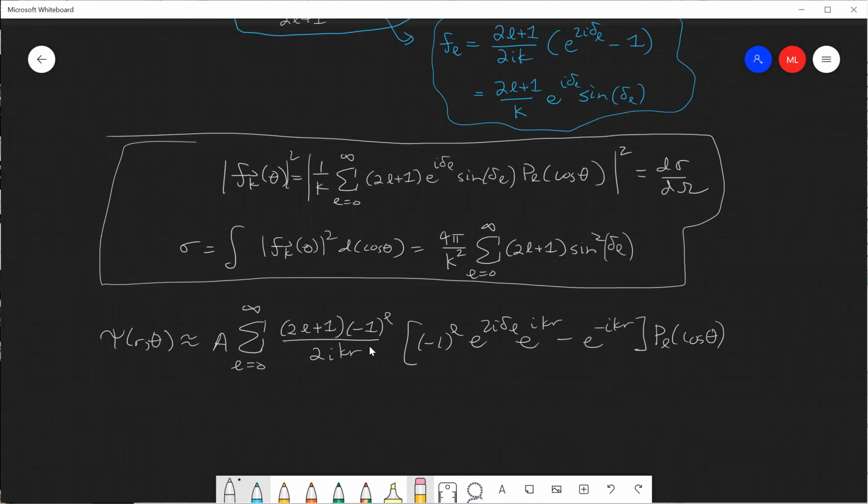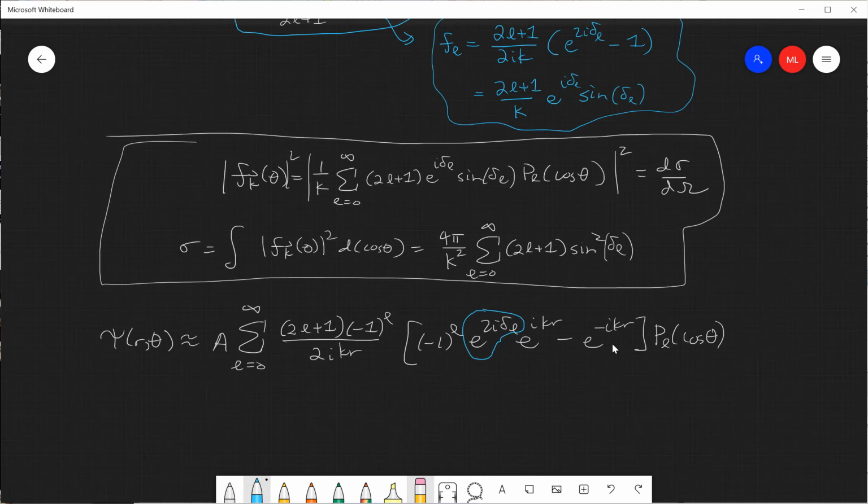You see here, this factor is multiplying the outgoing spherical wave. What is important to note is that when there are no phase shifts, when these deltas are all 0, then this is just 1.